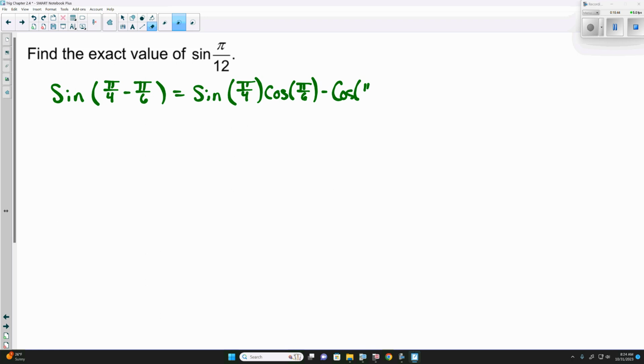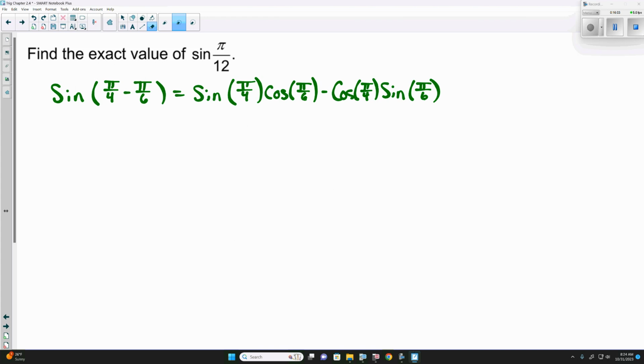Cosine of alpha sine of beta, if I got the formula right. Sine of alpha cosine of beta minus cosine of alpha sine of beta. Yes.